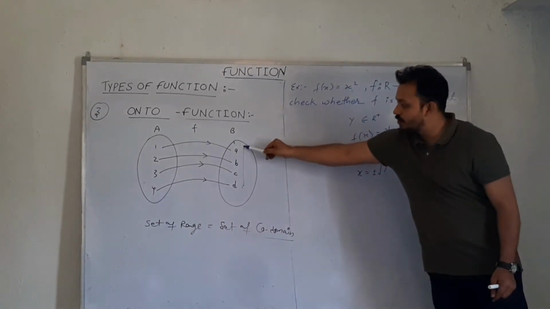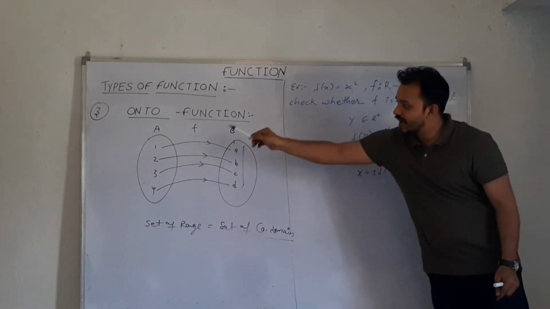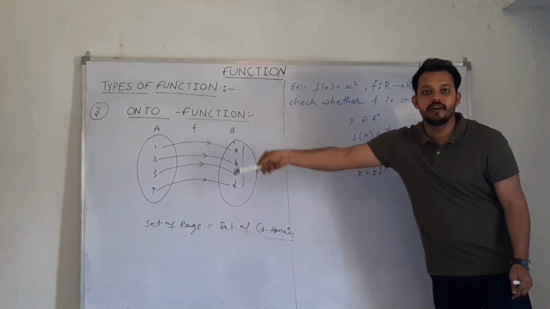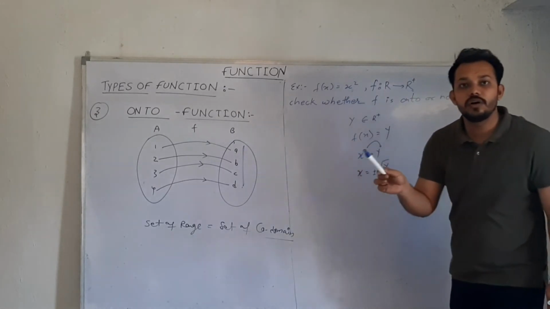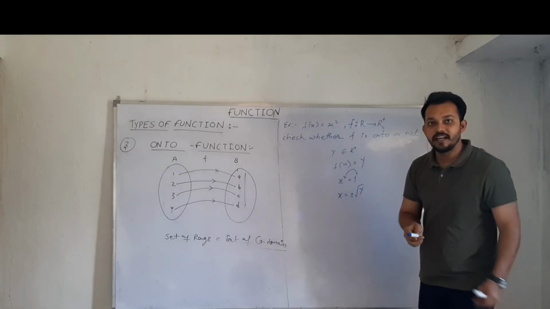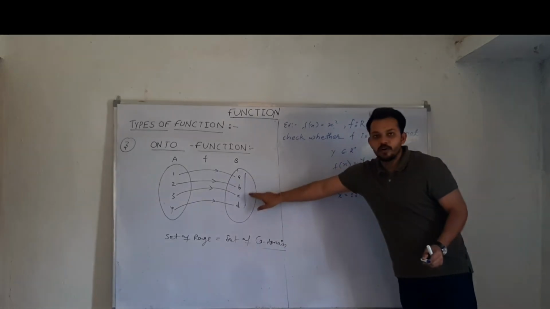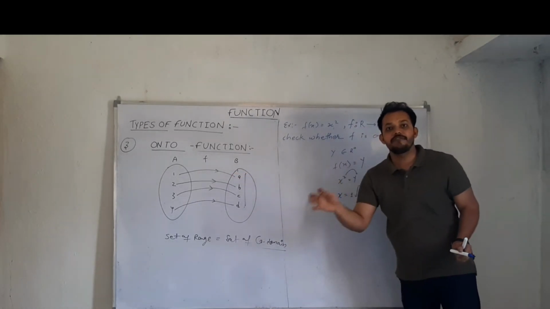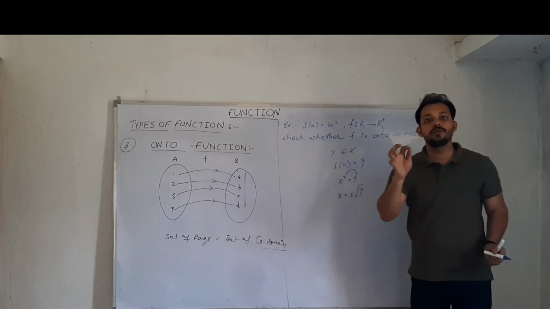If every value of the codomain is defined, then the corresponding value in the domain is also defined. That means for every value of the codomain, there is some value in the domain. That function is called an onto function.